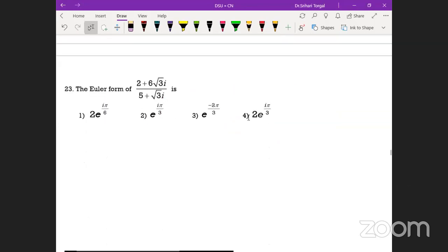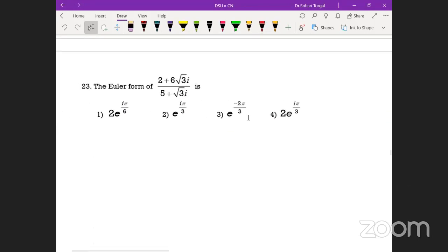What do you mean by Euler form? See here, many problems can be solved using z, that is x plus iy. This is called Cartesian form.